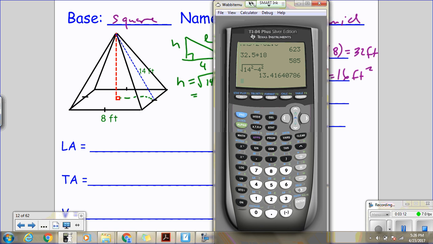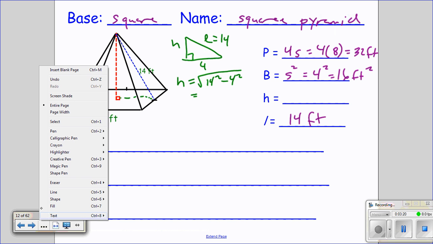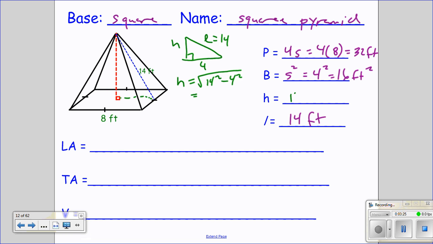So let's round to the hundreds place. It's about 13.42, my 3D height. Feet.